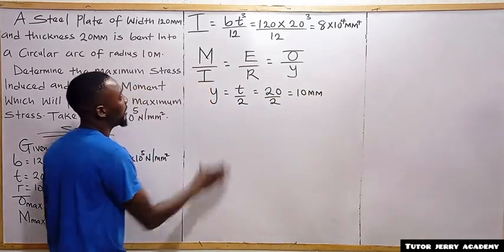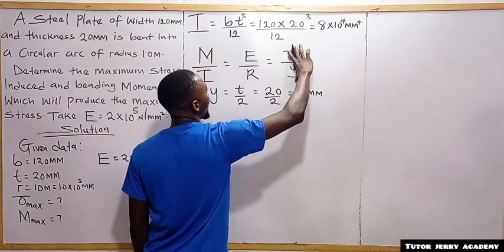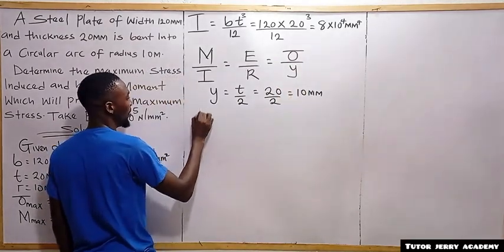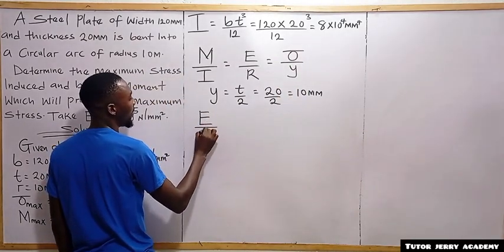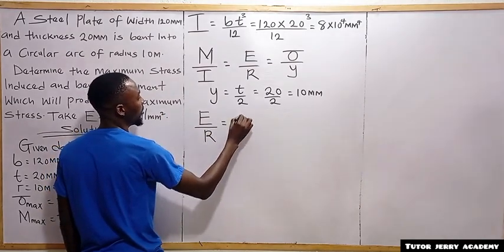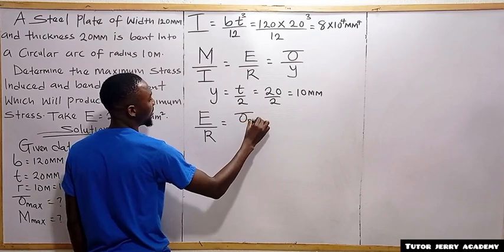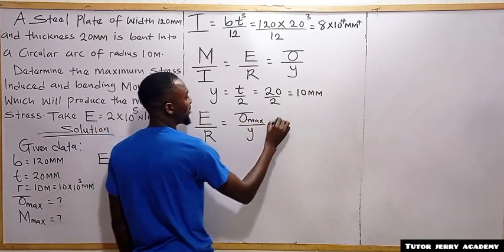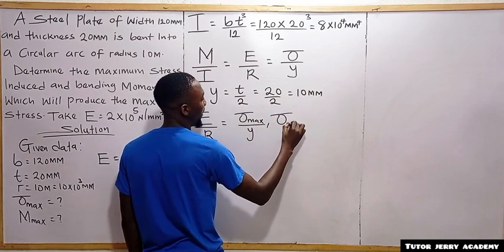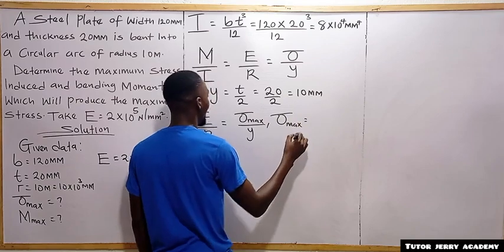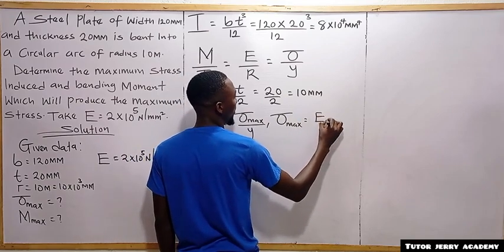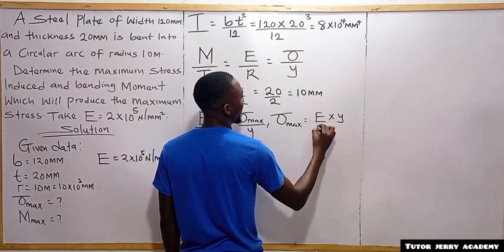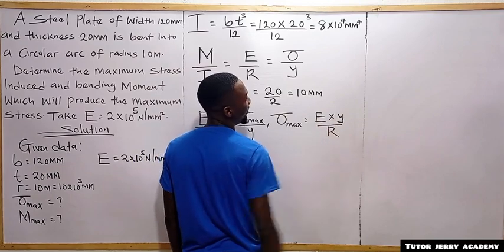Alright. So now we are going to be equating this formula. We are going to have E over R equals the maximum stress over y. If we make our maximum stress the subject, we are going to have this to be E multiplied by y divided by our radius.